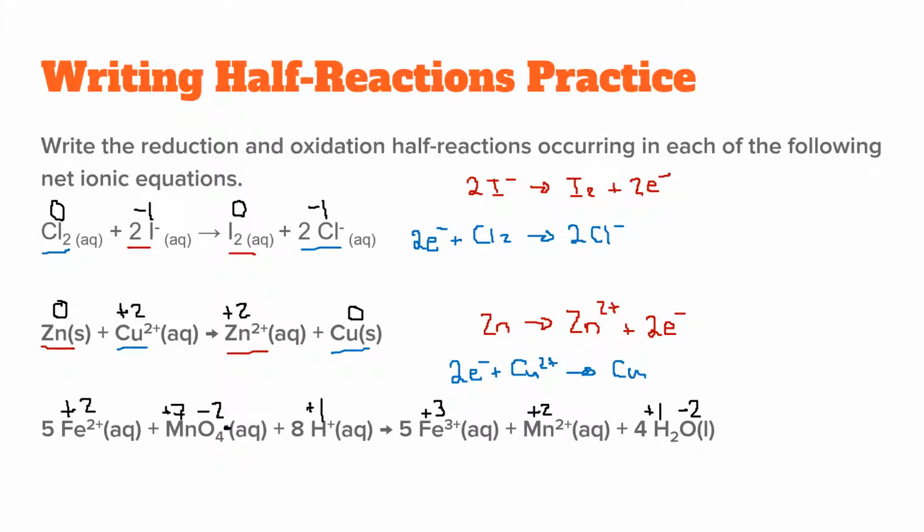So we see that the iron is being oxidized from 2+ to 3+, while the manganese is being reduced from +7 to +2. So starting with the oxidation reaction, we have 5 irons, each with a 2+, and they're becoming 5 irons with a 3+.